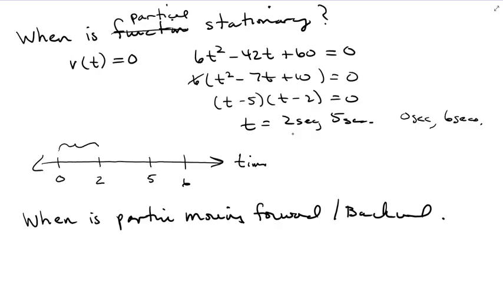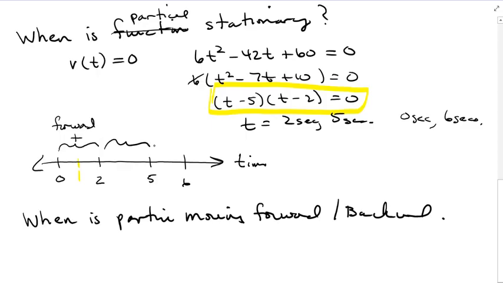So all you really need to do is take a number, for example, 1, and plug it into t minus 5, t minus 2. Am I going to get a negative or positive value? Well, 1 minus 5 is negative, 1 minus 2 is negative. What's negative times negative? Positive. You get a positive, which means your particle is moving forward. And it's going to move forward for that whole interval.